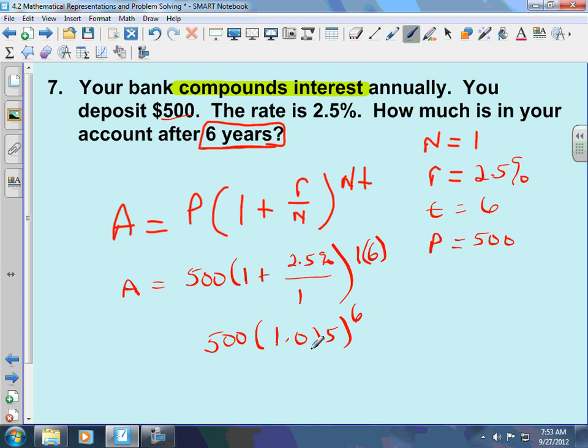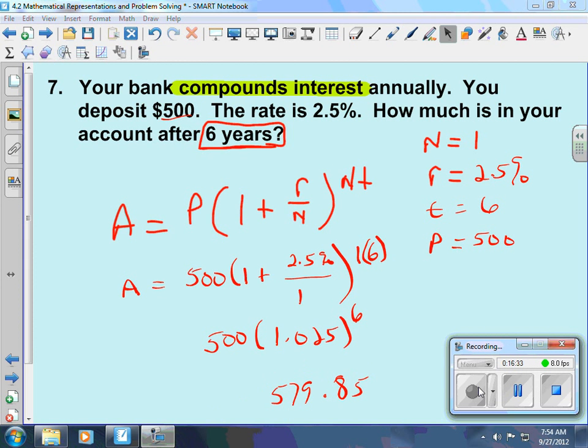Okay? So when I take 1.025 and raise that to the 6th power, I get 1.159. Times that by 500, and that gives me $579.85.